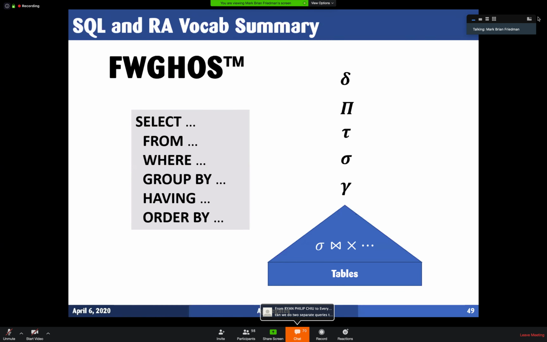You do the selection of only the columns you want to see. You might have seen already in your homework, select star. I just want them all. But if you're looking at very, very large tables, you're going to get a lot of columns. So you just get into a habit of writing a select that just references the columns that you care about.